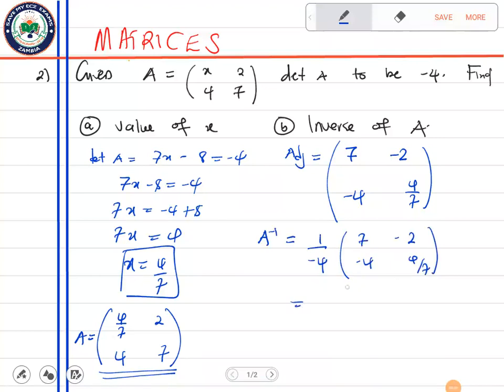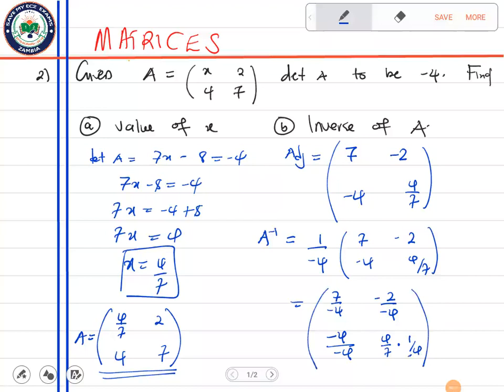Multiplying this throughout gives us 7 over negative 4, negative 2 over negative 4, and negative 4 over negative 4. Then we have 4 over 7. Remember, we are dividing, so this will be multiplied by 1 over 4, but with a negative down there.